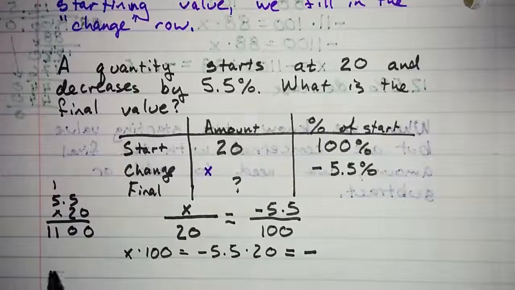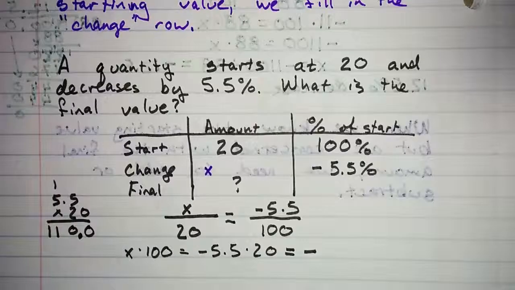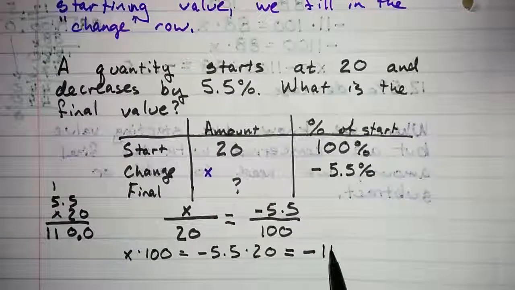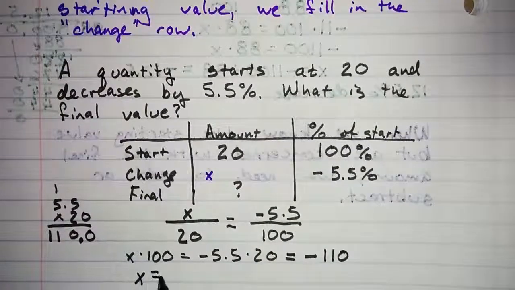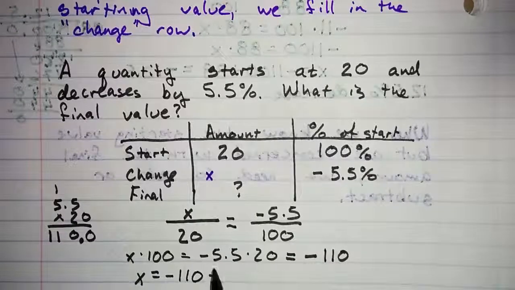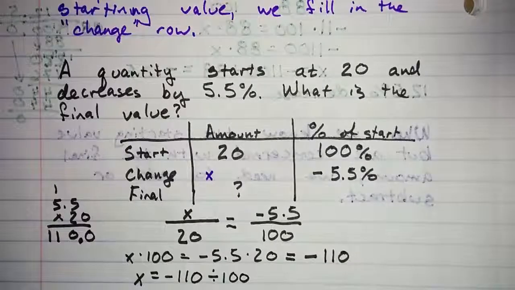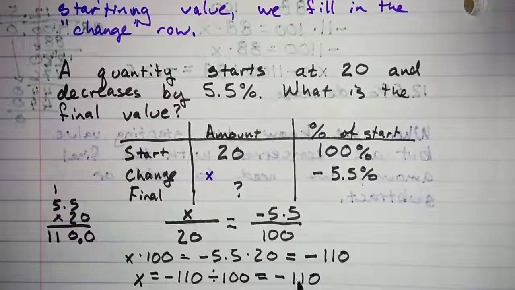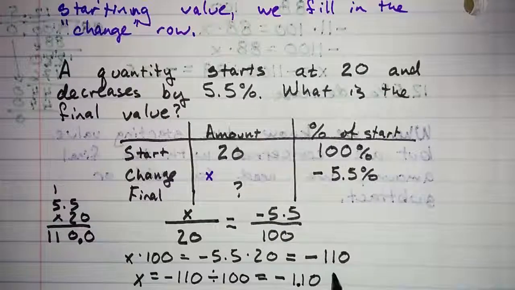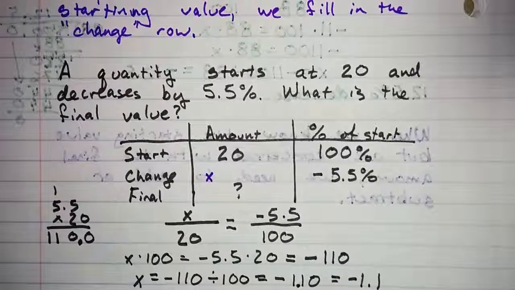Bring in the trailing 0, and then I want 1 digit after the decimal point. So my answer is negative 110. Thus my x is going to be negative 110 divided by 100. So negative 110, 2 digits after the decimal point, negative 1.1.